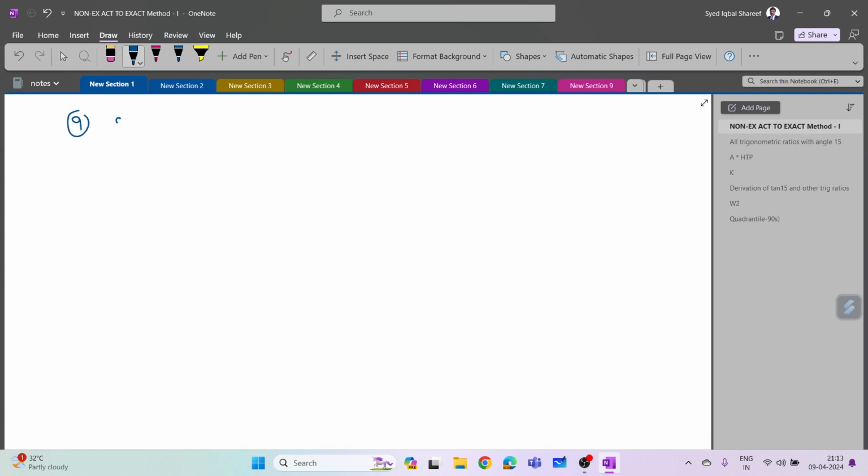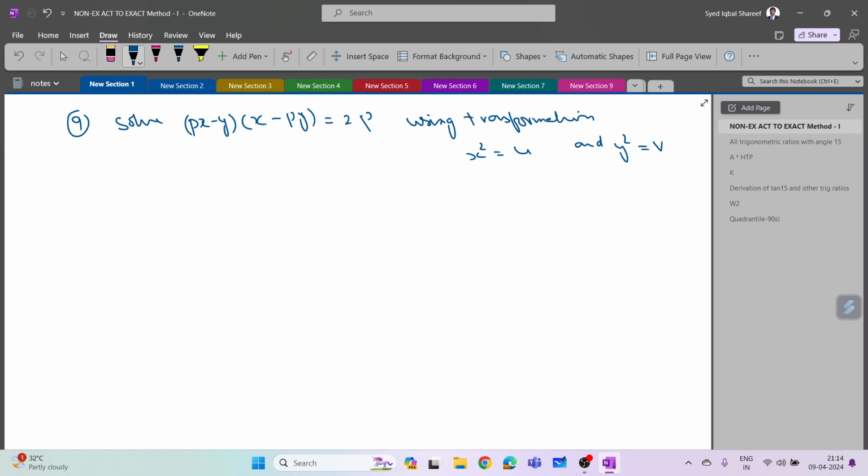Next, the last one. Solve (px − y)(x − py) = 2p using the transformation x² = u and y² = v.